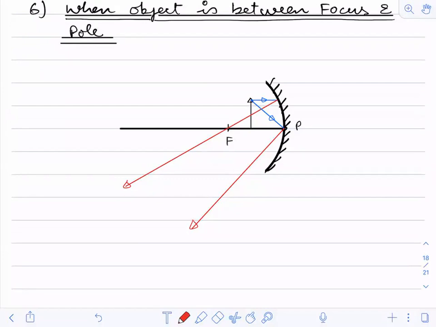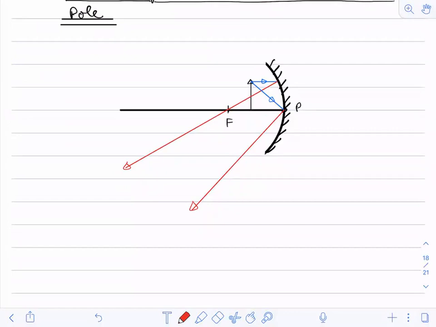So it appears to us that these rays are coming from this point. When we extend two rays in the backward direction, we see that these two rays are coming from that point over there.